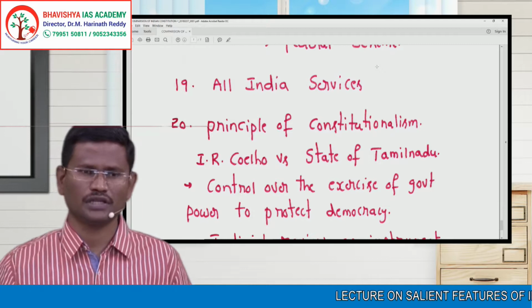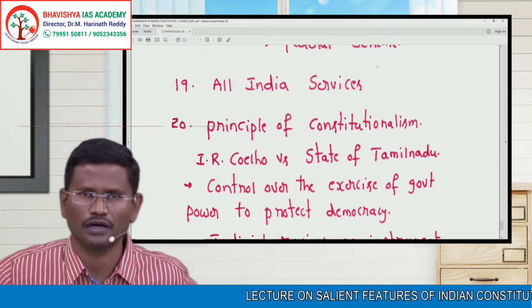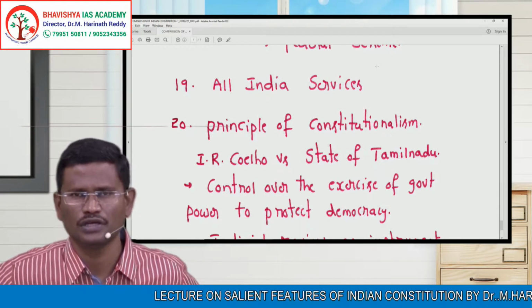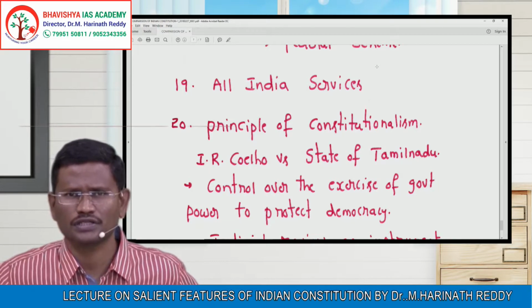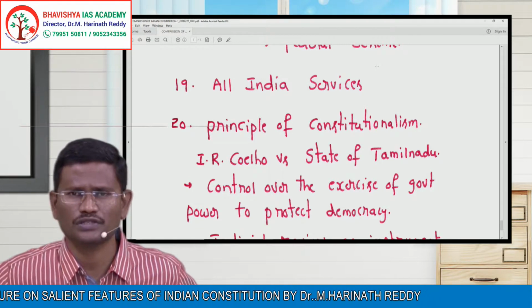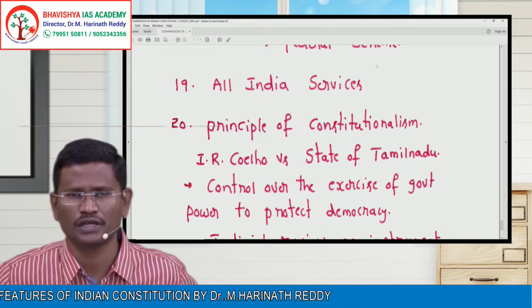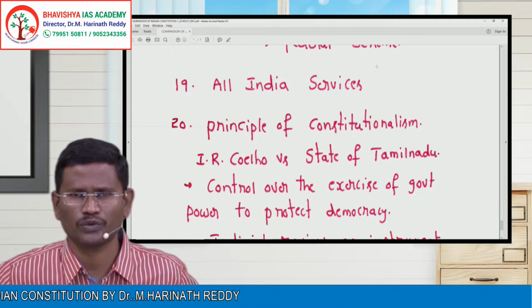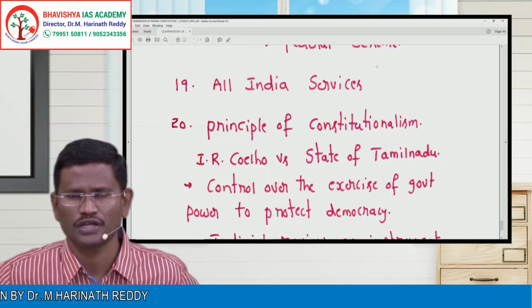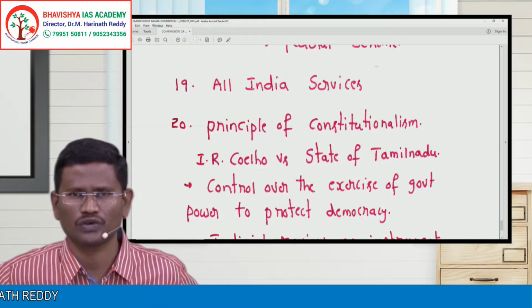Then the other important salient feature of Indian Constitution is the idea of all India services. See, in classical federations like America, there are no services which are common to the center and the states. The federal government has got its own bureaucracy to enforce the federal laws. The states have got their own bureaucracy to enforce the state laws.